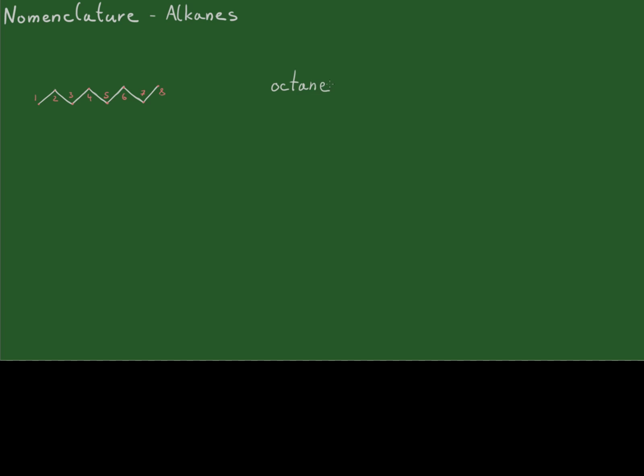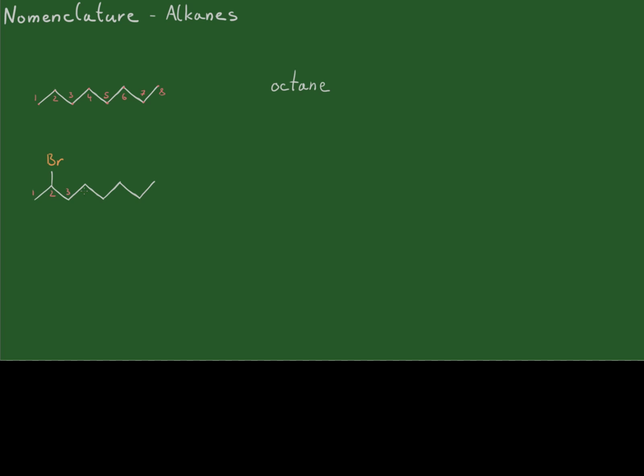Let's make it a little bit more complicated. So here's the octane, and now I'm going to substitute a hydrogen on carbon number 2 with something else. I will place a bromine. What is the name of this compound?